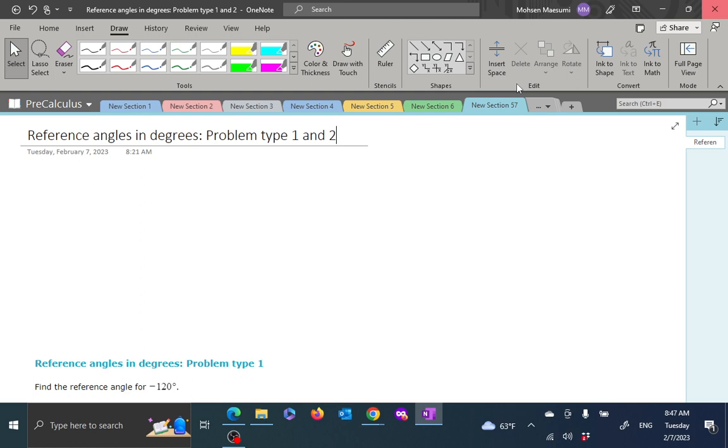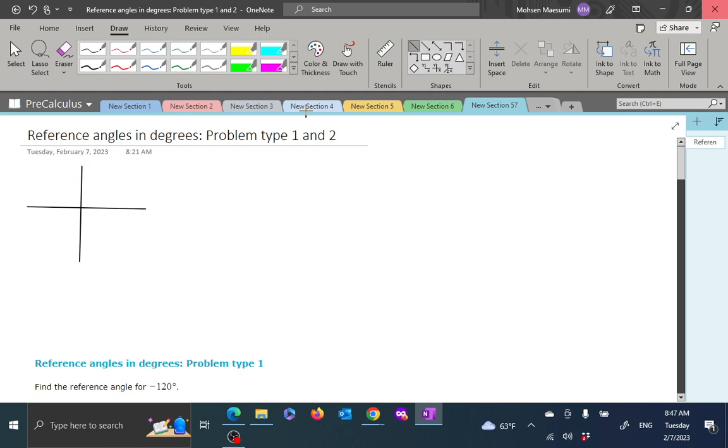Reference angle. So we have our standard coordinate system. Some angle is considered.